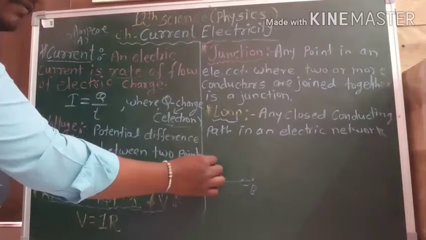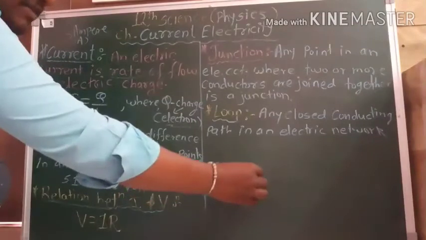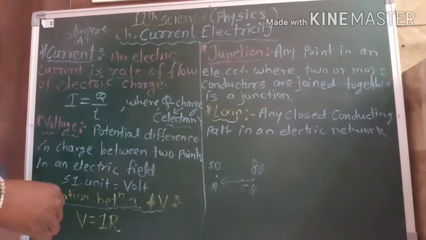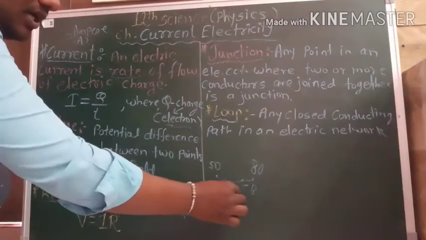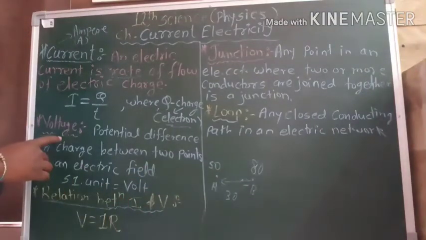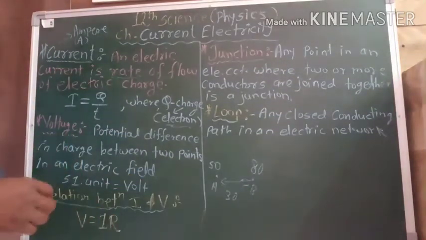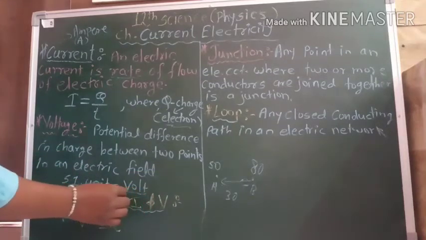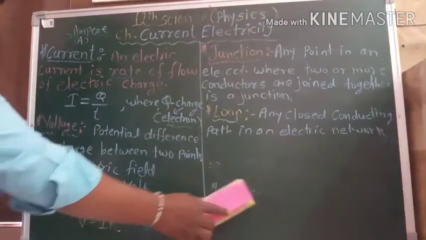Suppose at A 80 charges are present and at B 50 charges are present. Then the difference between these 2 points, that is 80 minus 50, 30, is the voltage or the potential difference between these 2 points. The SI unit of voltage or potential difference is volt.